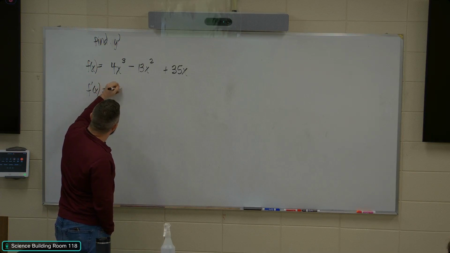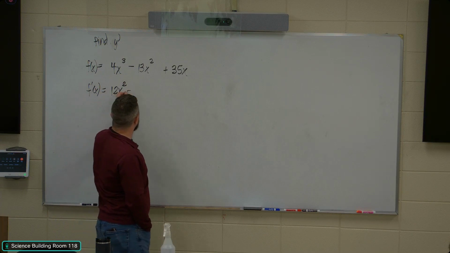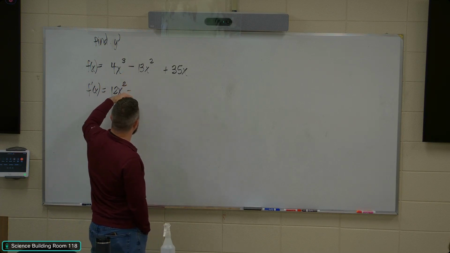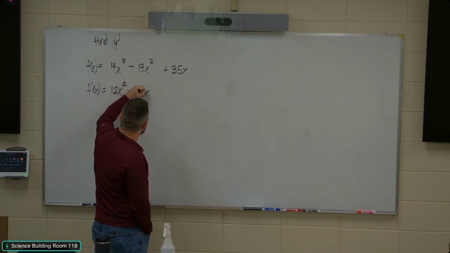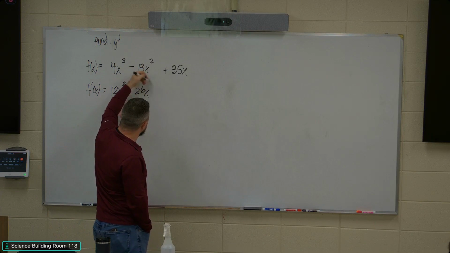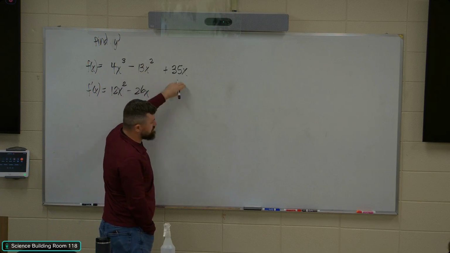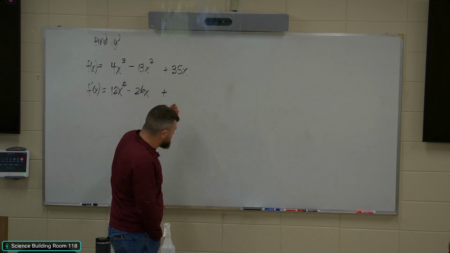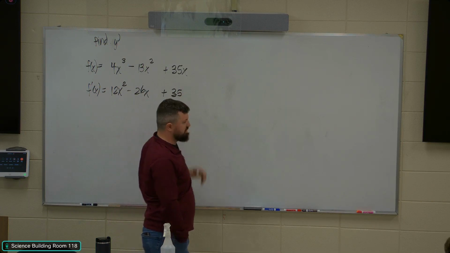So that is 12x squared, just doing a power rule, and we're doing another power rule. The negative 13 gets multiplied by the power of 2 to give us negative 26, and we raise x to the power of 2 minus 1, so it's just going to be the first power. And right here on the end, the derivative of 35x is just 35.